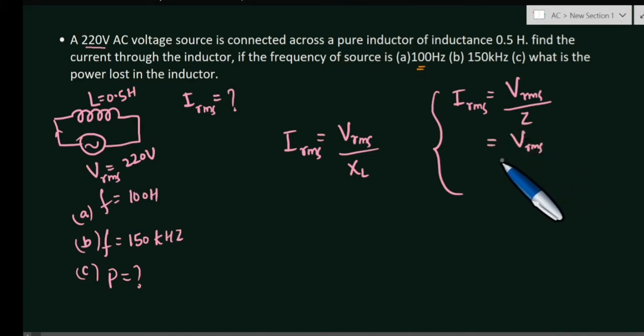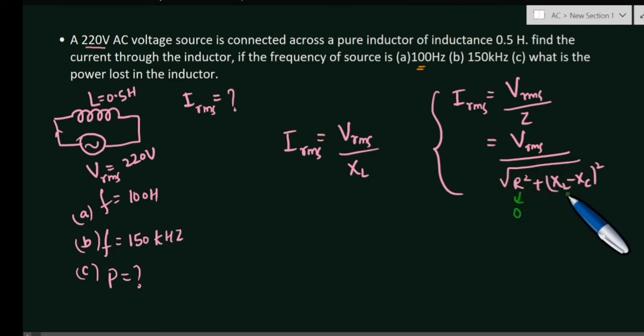The value of Z is equal to square root of R square plus XL minus XC whole square. But since in the circuit there is no R, therefore R is equal to 0 and there is no capacitor, so the XC value is 0, then you will get Irms is equal to Vrms divided by XL.